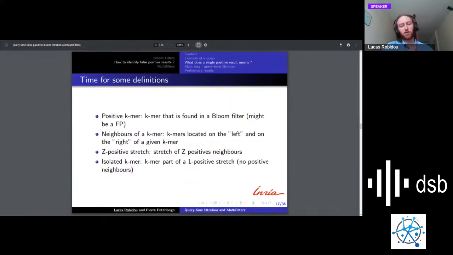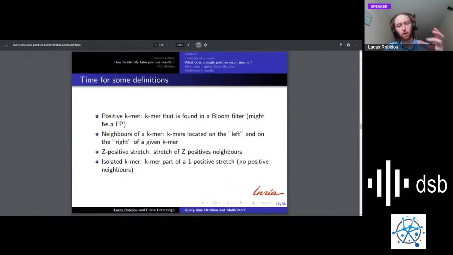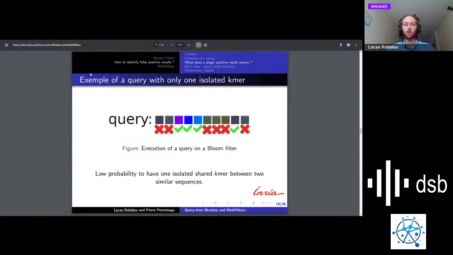Then a positive stretch is a stretch of positive neighbors. If a k-mer has a neighbor that is positive, at least one, the stretch continues. And an isolated k-mer is a k-mer that is like a positive stretch of one, so no positive neighbor. So in our query, we have 3 positive stretches and one isolated k-mer, as you see there.